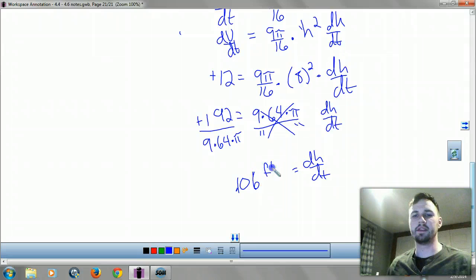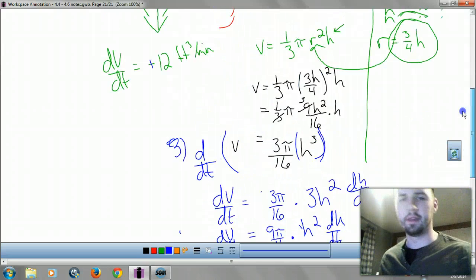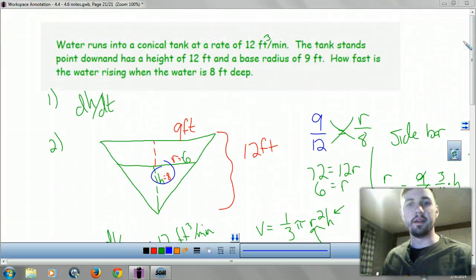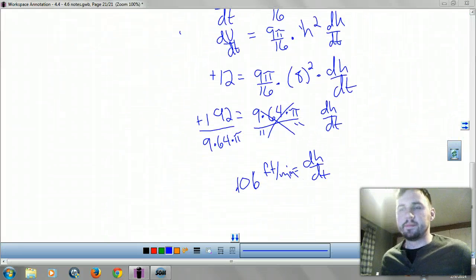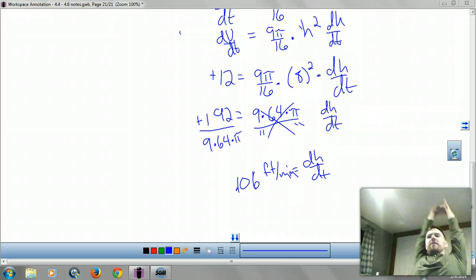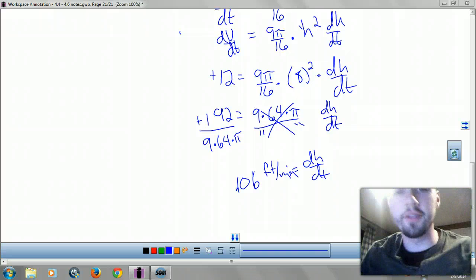And that's going to be feet per minute. If you look at the problem, everything's feet per minute, right? So at that point, the height was rising at 0.106 feet per minute.